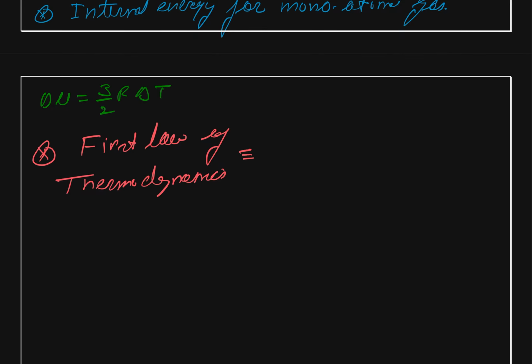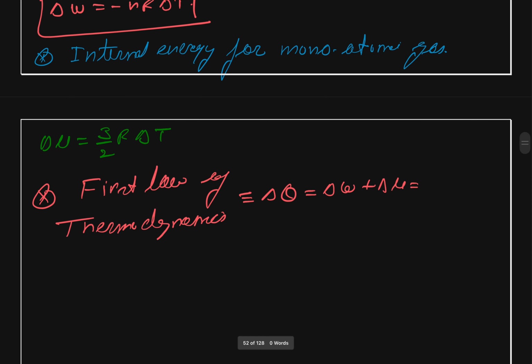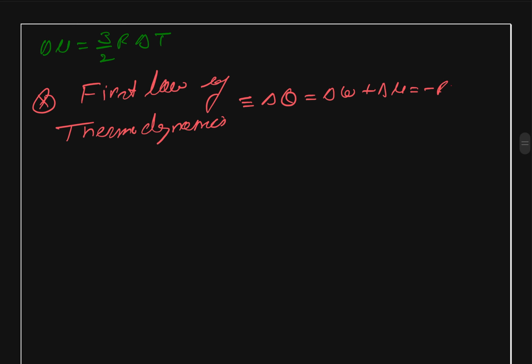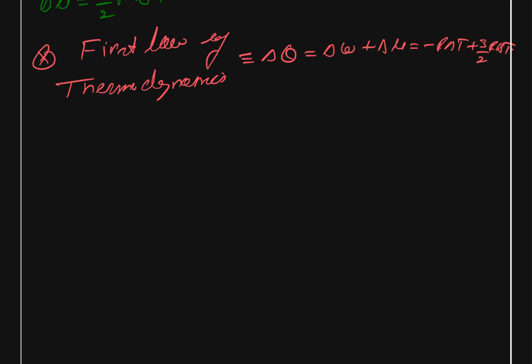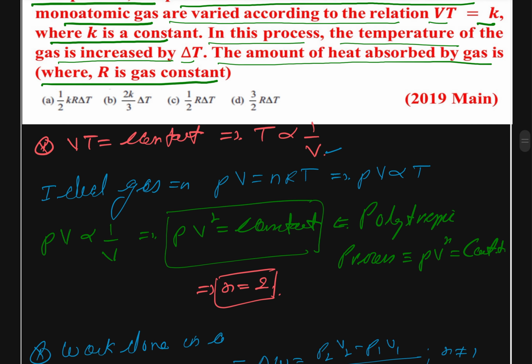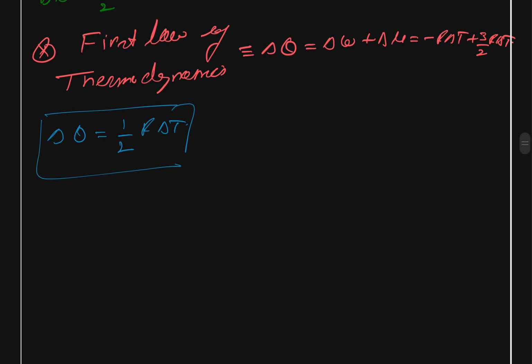This gives us delta Q is equal to delta W plus delta U, which is, as the number of moles is 1, minus R delta T plus 3 by 2 R delta T. So we get delta Q is equal to 1 by 2 R times delta T. So we have 1 by 2 R delta T. Option C is correct.